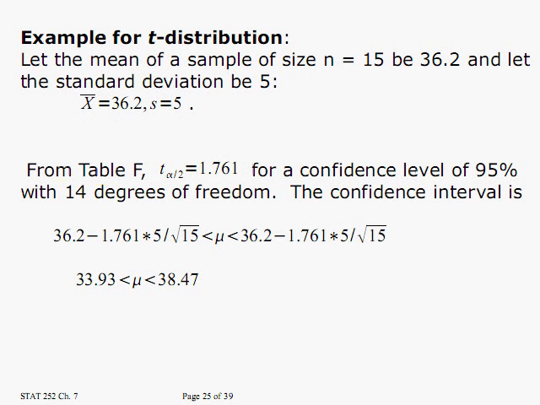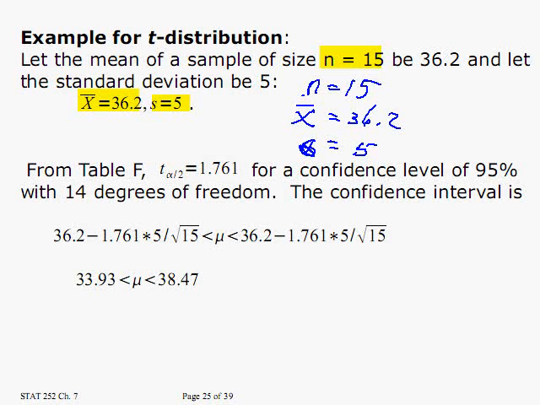Here's an example. Say you knew that the mean of the sample was 36.2 and the sample size was 15. So N was 15, and the standard deviation for this sample that you measured was 5. So here you have all your data. I'm going to write that in a list. I know that N is 15, the mean for the sample is 36.2, and the standard deviation for the sample was 5.